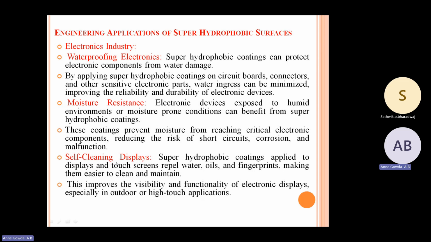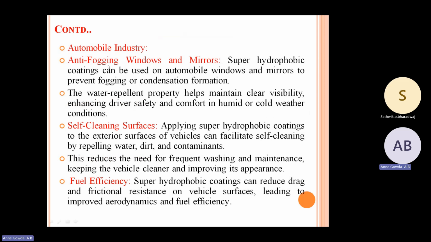As I said, all the electronic equipment can be waterproofed. When the water falls on those equipments, it rolls off easily. And there are anti-fogging windows and mirrors. We have observed during the winter season, in November, December, and January, there will be heavy fog outside.